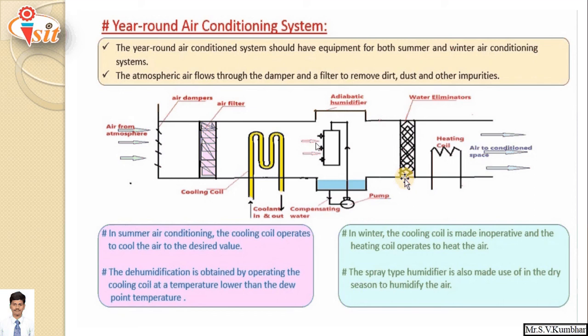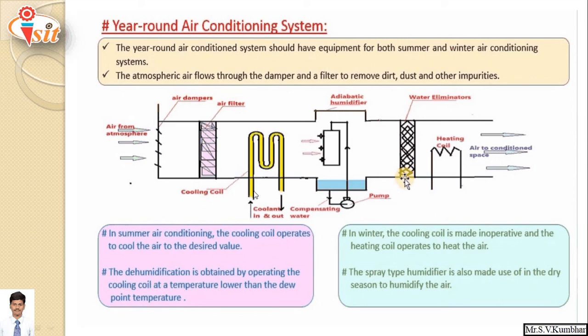name implies. The atmospheric air flows through the damper. The damper controls the quantity of air from atmosphere, and after that it flows through air filter to remove dust and other impurities which is present in air. Now, when this air conditioning system acts as summer air conditioning, then only this cooling coil will work.